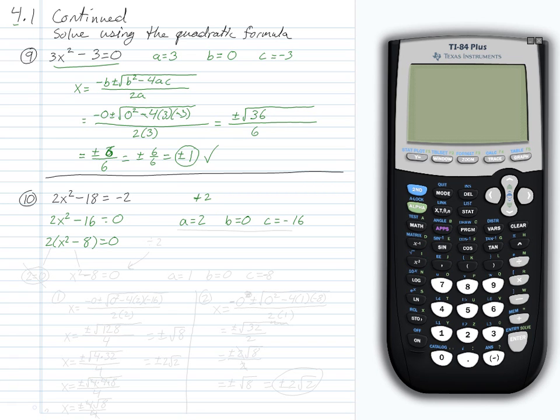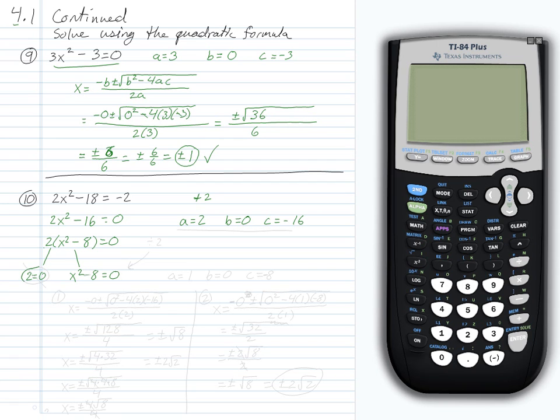Now, if I apply the 0 factor property, I'm kind of mixing metaphors here, but as you get more comfortable with these techniques, you can use a little of one and a little of another to pick away at the problem. If 2 times this quantity is equal to 0, then either 2 equals 0 or x squared minus 8 equals 0.